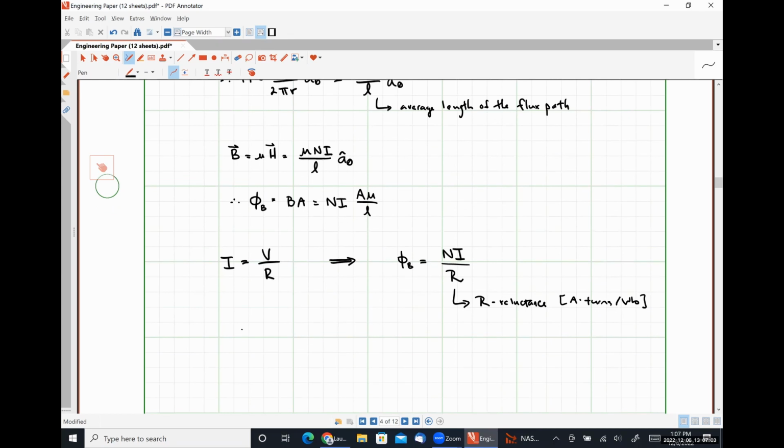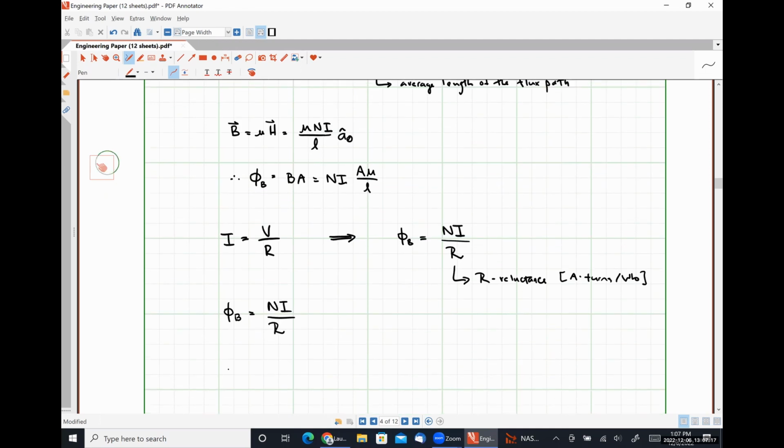And putting things together here, we can see that flux is equal to Ni over our reluctance, where our reluctance is the length the flux travels divided by the cross-sectional area times the permeability.